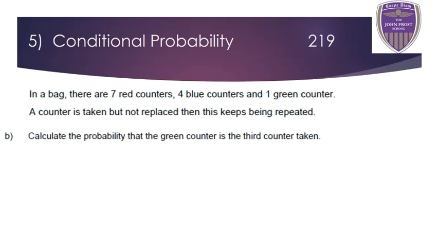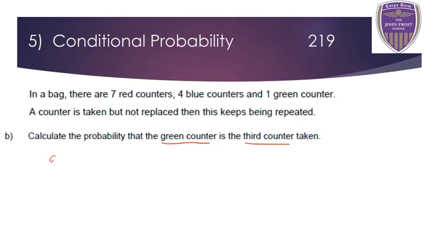And finally then, in this bag, again, we've got the same information. We're being asked to calculate the probability that the green counter is the third counter taken. So there's two ways of thinking of this question.